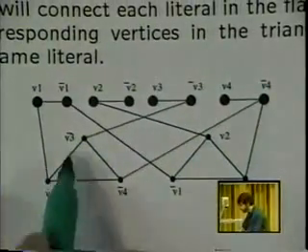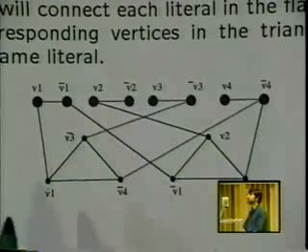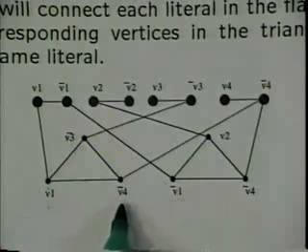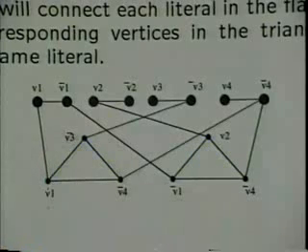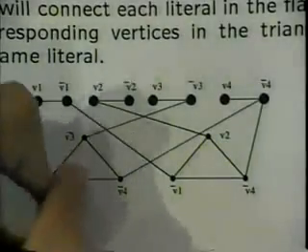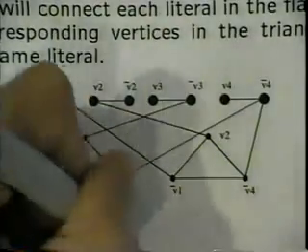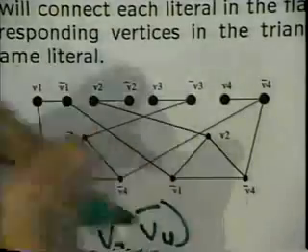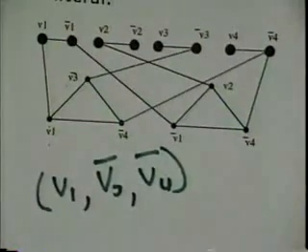Here I've got a triangle. This is V1, V4 prime, V3 prime. My claim is this corresponds to that clause. Okay? You give me a 3 SAT clause.